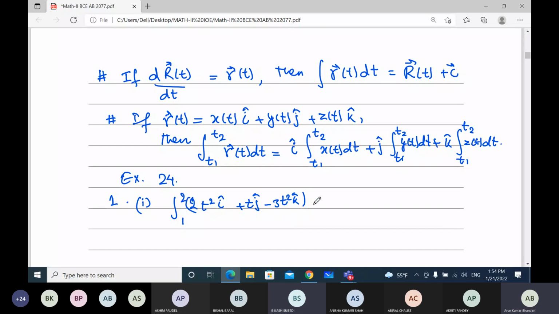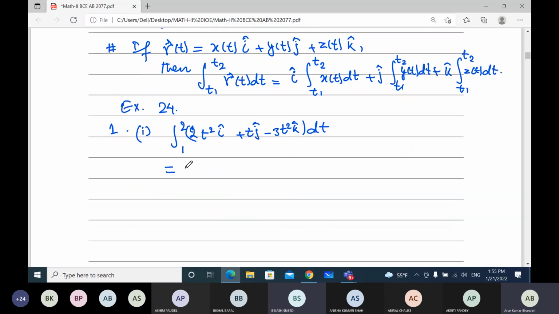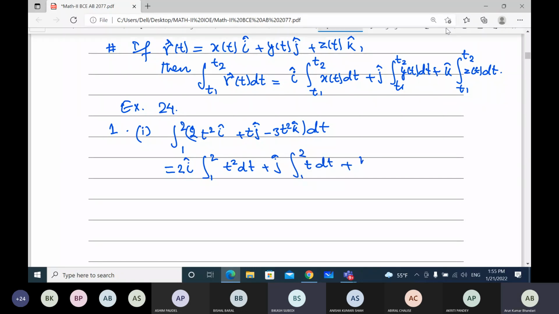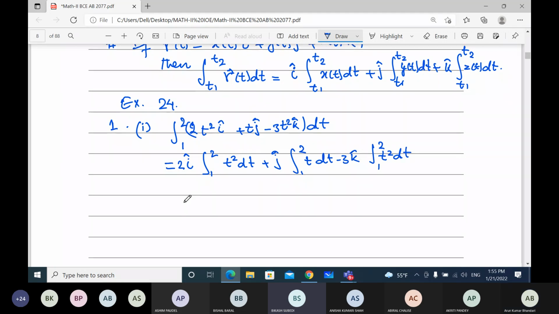dt. As just mentioned, this is equal to i coming outside: 2i times the integral from 1 to 2 of t square dt, plus j times the integral from 1 to 2 of t dt, plus minus 3k times the integral from 1 to 2 of t square dt.